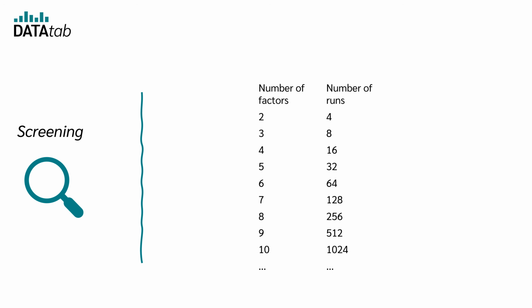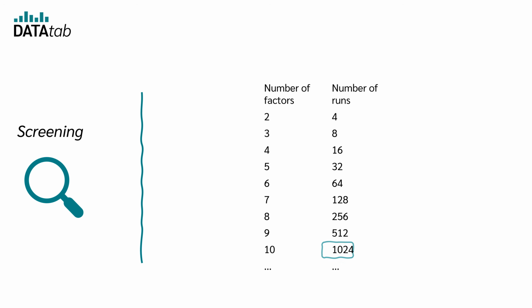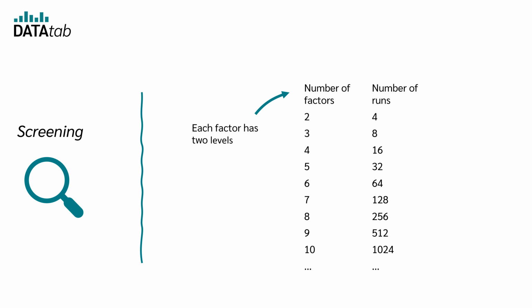Here is a small overview. If we have 3 factors, for example, we have to make at least 8 runs. With 7 factors, it is already at least 128 runs, and with 10 factors, it is already at least 1024 runs. Please note that this table applies to a DOE where each factor only has 2 levels.